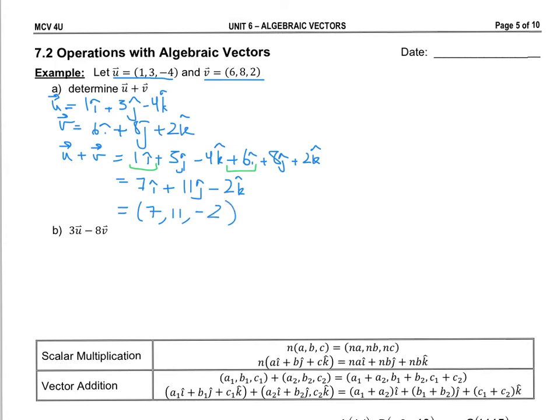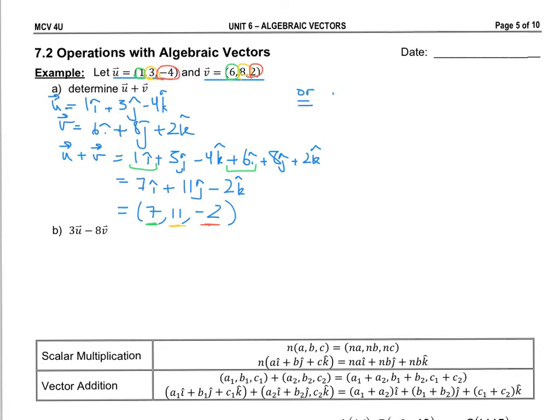Now we don't have to go through the process of changing them all to the unit vector notation. We can just look at the components. So really what's happened here is we've taken the x components, the 1 and the 6, and we've added them together to get the 7. And we've taken the 3 and the 8 and added them together to get the 11. And the minus 4, add the 2, gives us the minus 2.